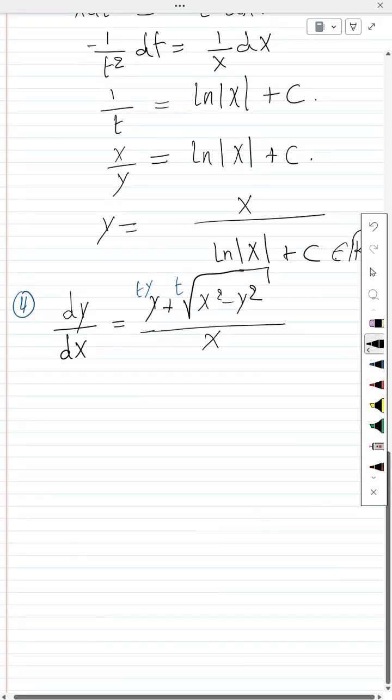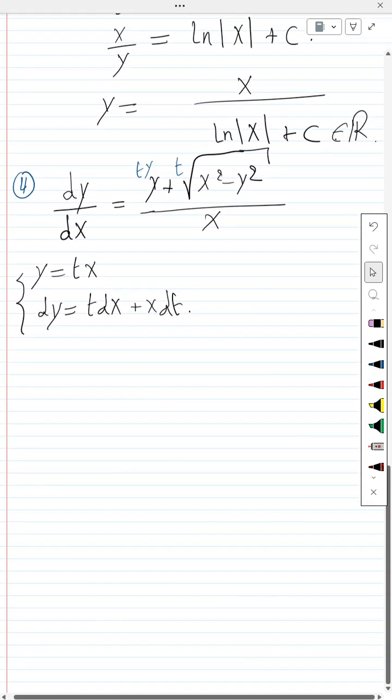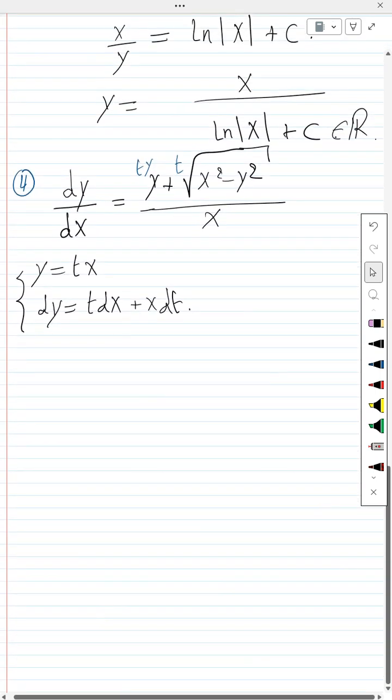So what we should do is replace y by tx, as we did before, and dy is t dx plus x dt.